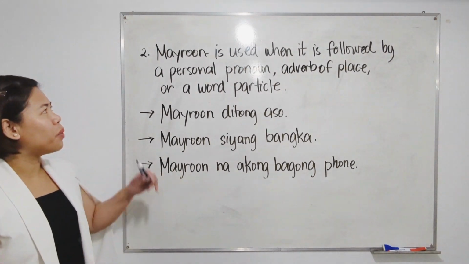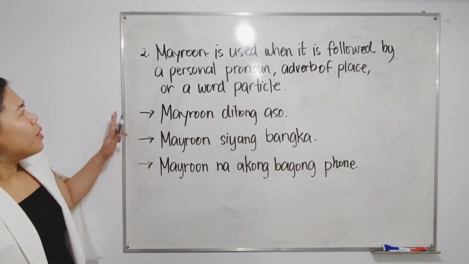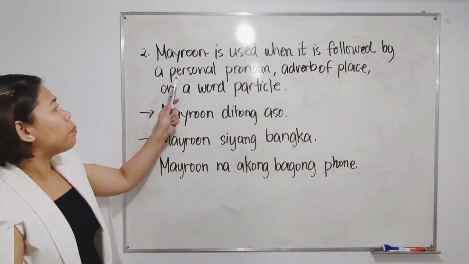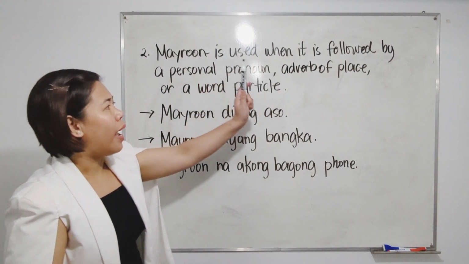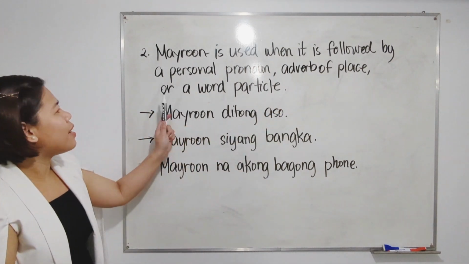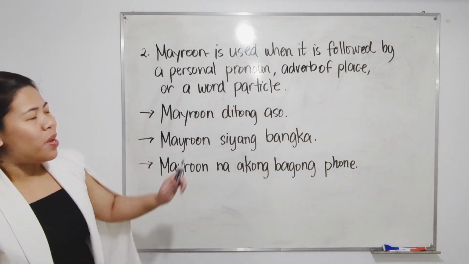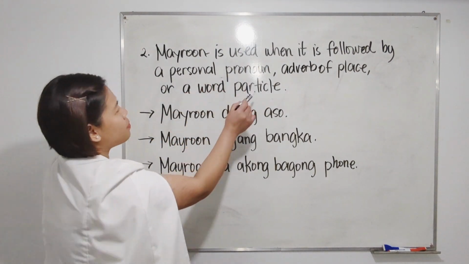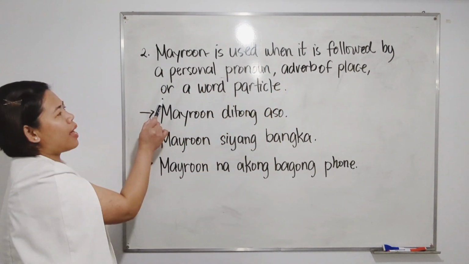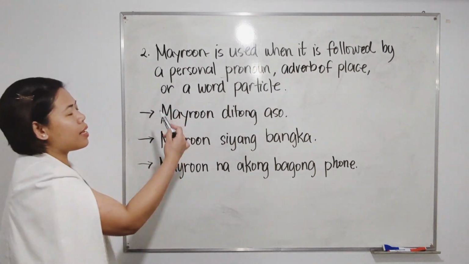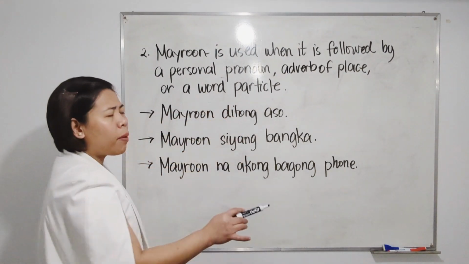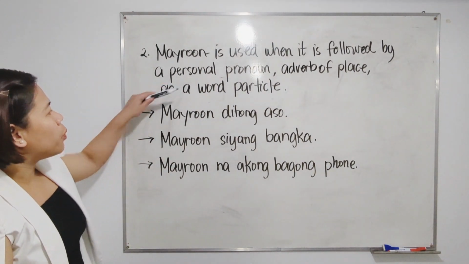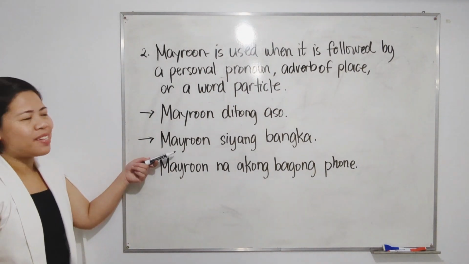Okay, now let's go to mayroon or meron. So, mayroon is used when it is followed by a personal pronoun, adverb of place, and a word particle. So, there are only three here. Personal pronoun, adverb of place, and then, or when it is followed by a word particle. So, for the first example, personal pronoun, I put it in the second sentence.